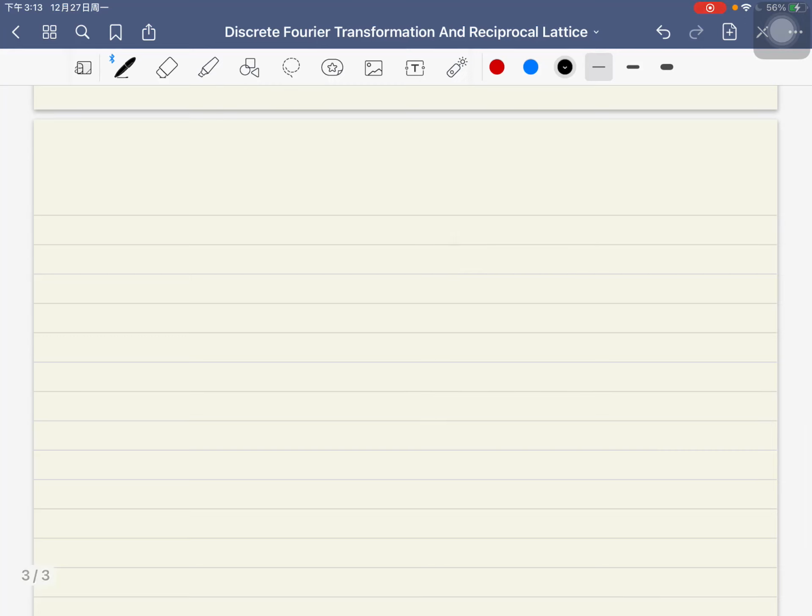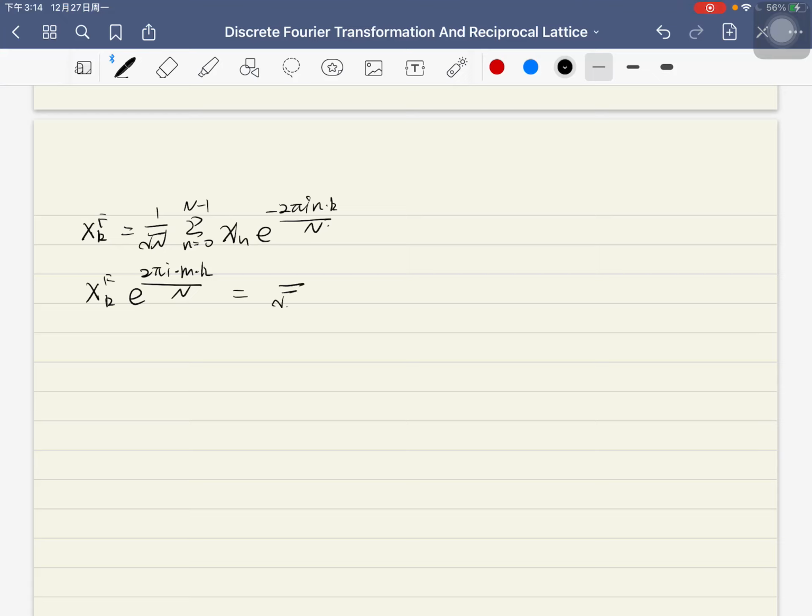First of all, we can write the discrete Fourier transformation in this way: x tilde k equals 1 over root N, the sum over n from 0 to N minus 1 of x_n e to the minus 2 pi i n k over N, and we multiply by e to the 2 pi i m k over N, and this becomes 1 over N instead of the N root.